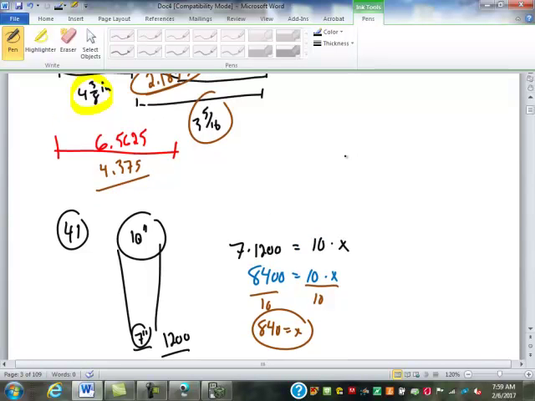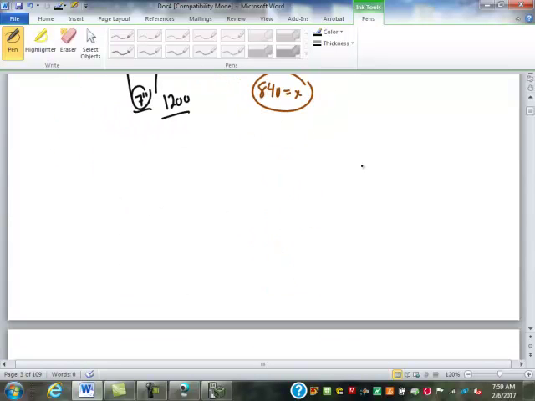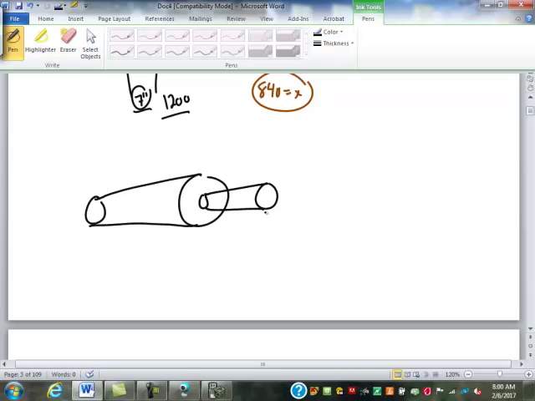All right, now coming back to number 40. So we're starting out with a 4-inch pulley at 1800 RPM. Connects with a 6-inch pulley, which is attached to a 3-inch pulley, and we got 1300 RPM coming out the back end.